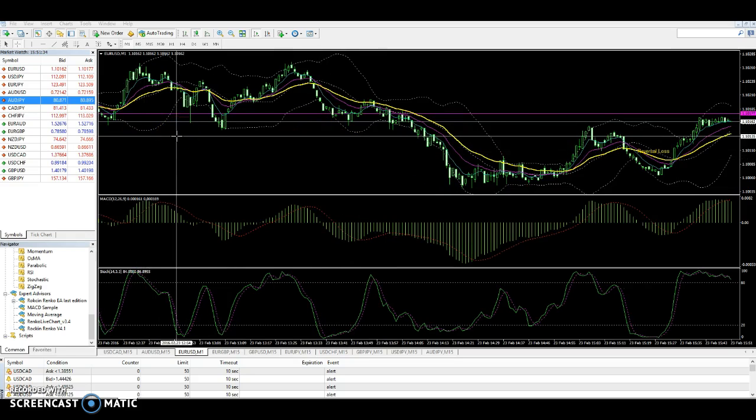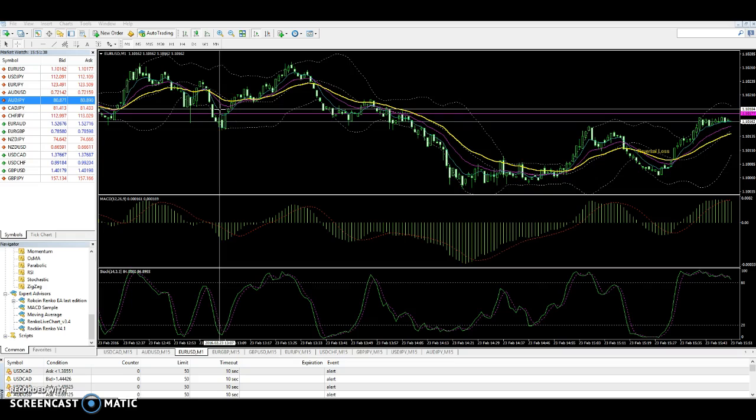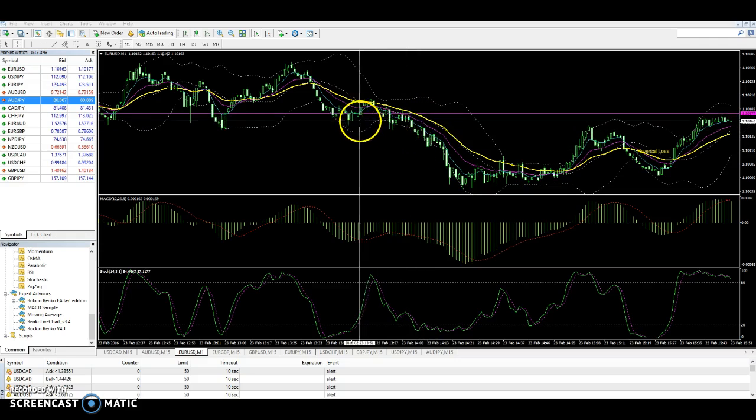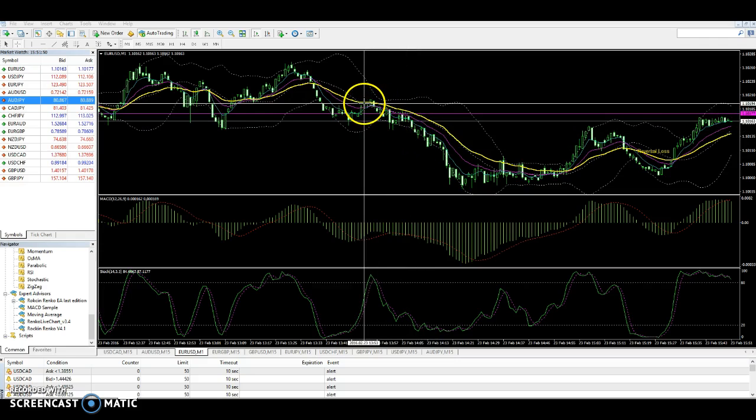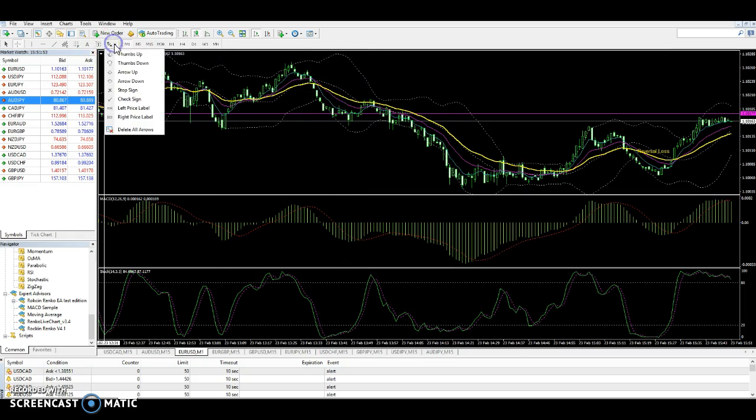So I'm just going to give you some good examples of what to look for in order to trade for money. Some of this one right here is a good one. See if I could put an arrow there.